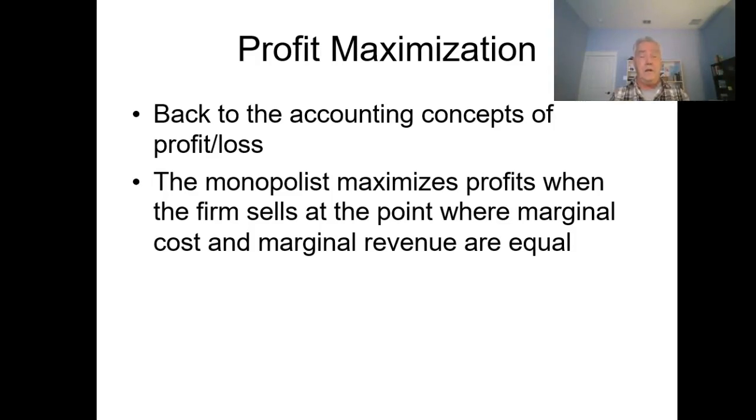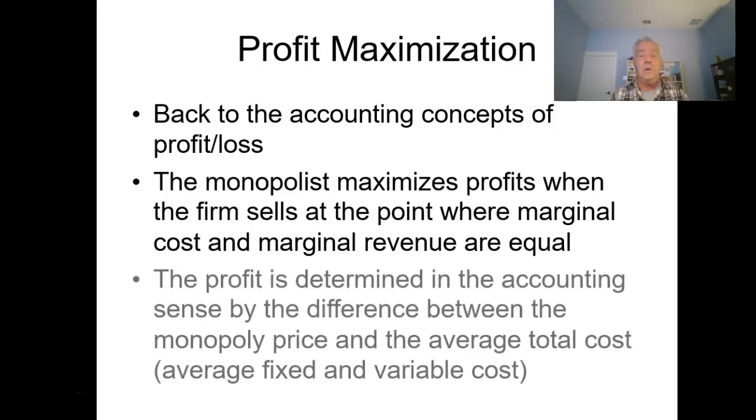He gets obscene profits over and above where he should get profits because he's pricing and selling above the point where marginal cost and marginal revenue are equal. So the profit is determined in the accounting sense by the difference between the monopoly price and the average total cost. This again is how much the monopolist has gained over and above a market equilibrium point. So where market equilibrium sits, the monopolist prices his product above that equilibrium point.